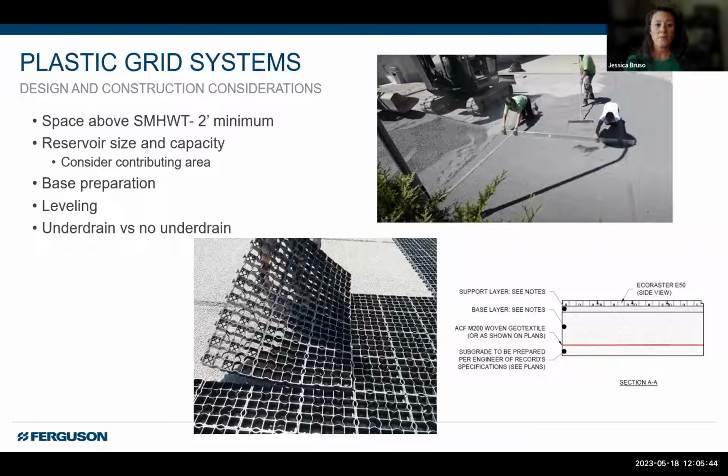Okay, so these types of panels, these ones go in together and then interlock. There are some that are actually rolls that go out. Again, you can choose if you want an under drain, no under drain. But essentially you can, and I really like the picture of the leveling there. So it can be kind of labor intensive, but making sure you have that is going to be very, very important.